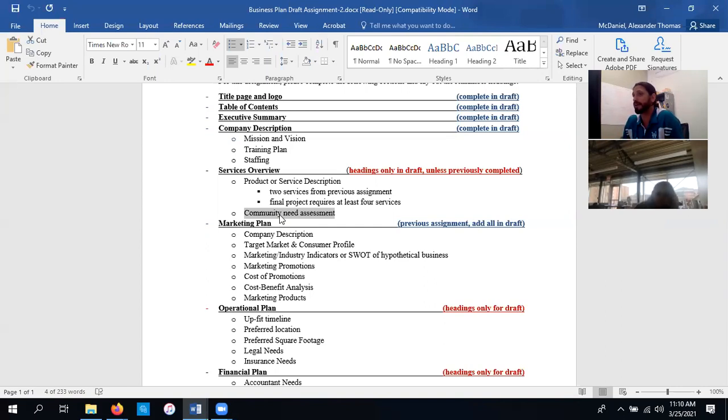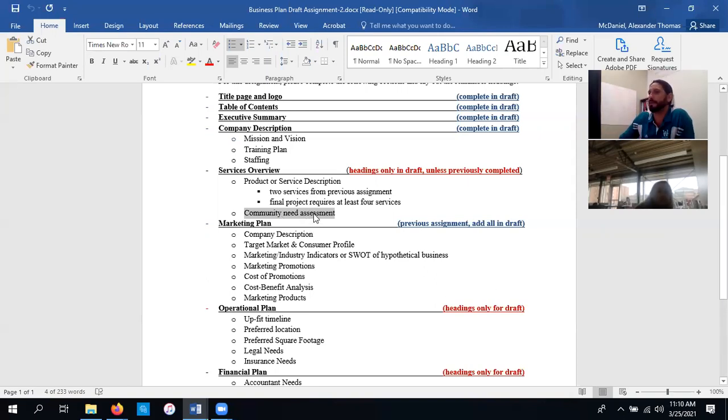You can also look up data for whatever county of how many people are active. That's what I did for New Hanover County and Pender and Brunswick County. I was able to find out that, I think it was like 60,000 people in New Hanover County work out at least 2 days a week. So that's important. That's your community needs assessment.